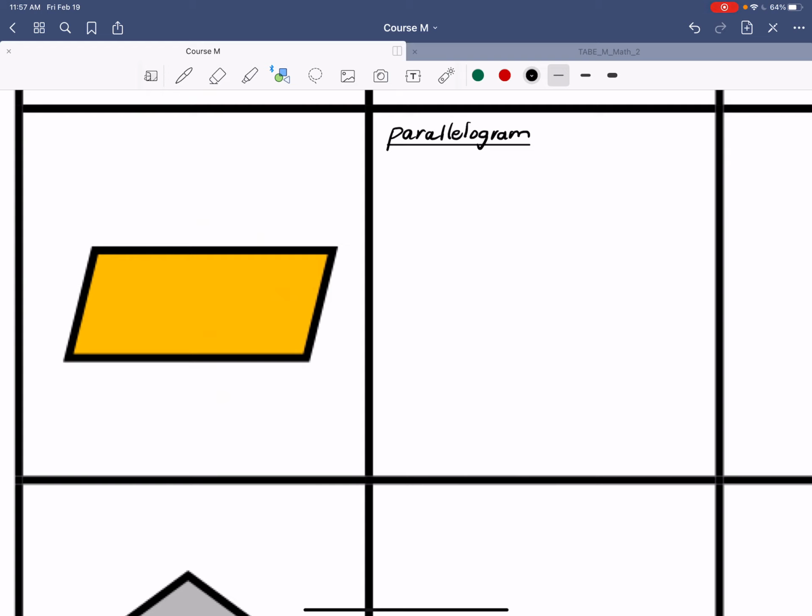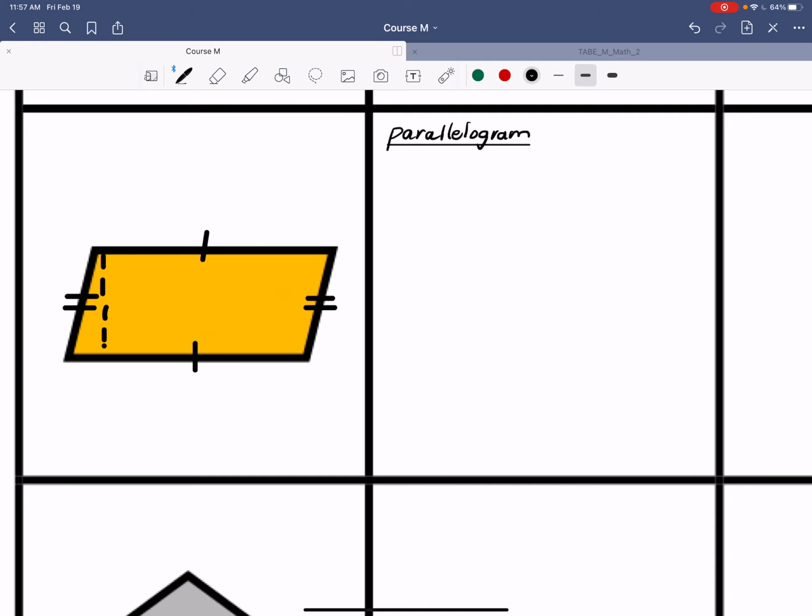So let's figure out, is a parallelogram a quadrilateral? Well, yes, it is, because we have four sides. We have this side that's equal to this one, and then we have this side that is equal to this one. The height of the parallelogram, just like with the trapezoid, you would always want to measure this way.